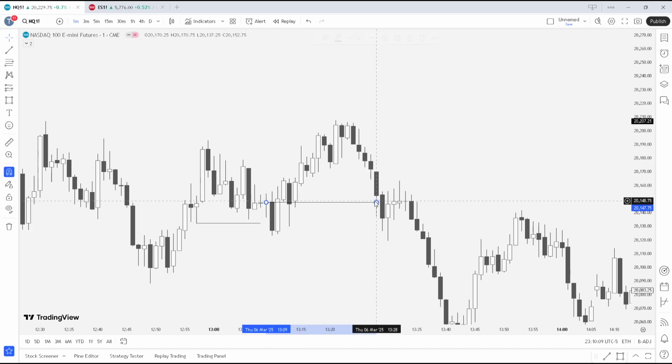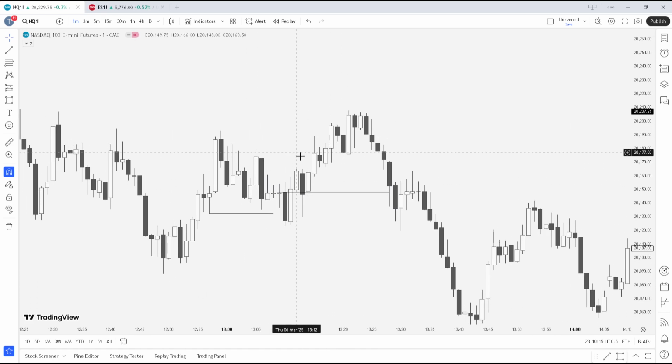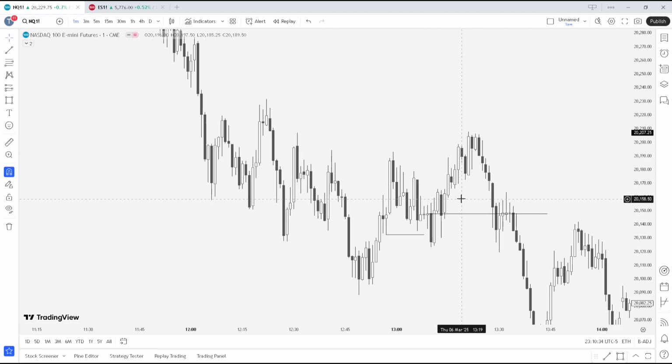So this becomes your mitigation block, and essentially it's the same thing as a breaker. You would use it in the same way as a breaker, but I would just consider them low probability breakers. I don't really like to use mitigations that often, right? You can see here, we just went through it, most likely because we were bearish on the higher time frame.